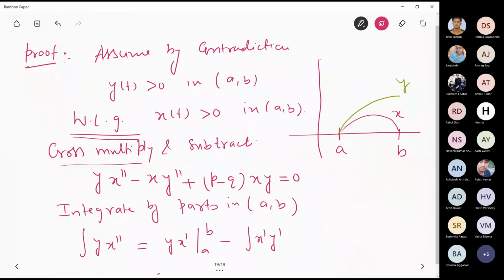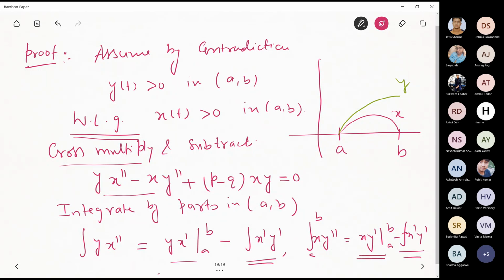Similarly, the integral of x into y double prime over AB is going to be x y prime at AB minus integral x prime y prime. So the integral of x prime y prime will get cancelled because there is a minus sign between these two. So what will be left is only the boundary terms, and p minus q into xy will be there.